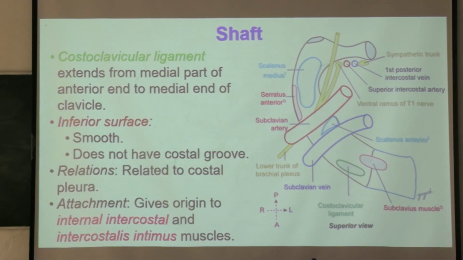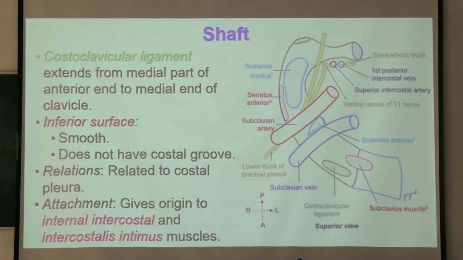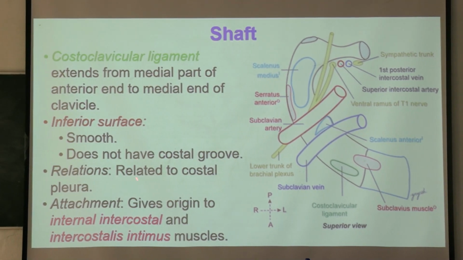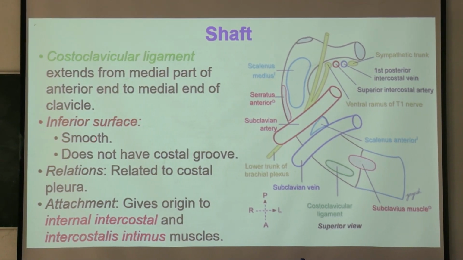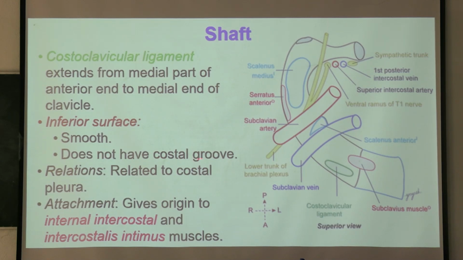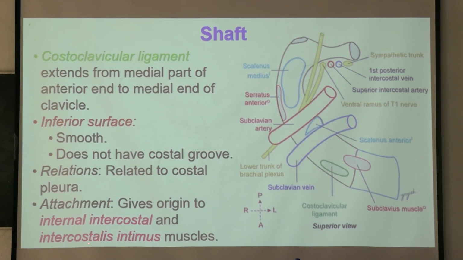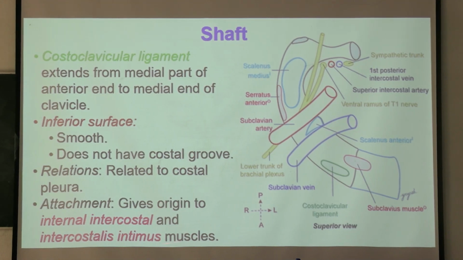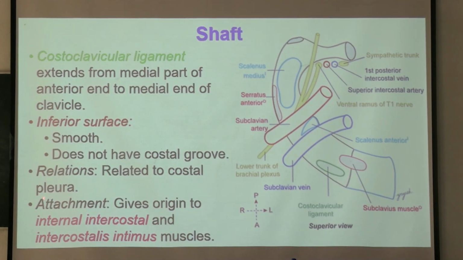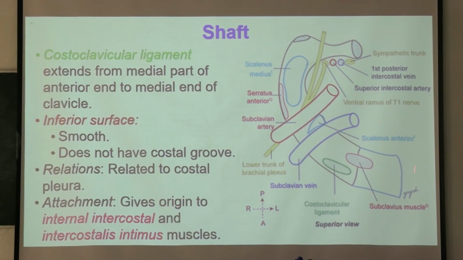Inferior surface: we have completed the superior surface, next we go to the inferior surface. It is smooth and does not have any costal groove. Relations: it is related to the costal pleura. In terms of attachment, it gives origin to the internal intercostal and innermost intercostal muscles. These two intercostal muscles are attached over the inferior surface. Okay.